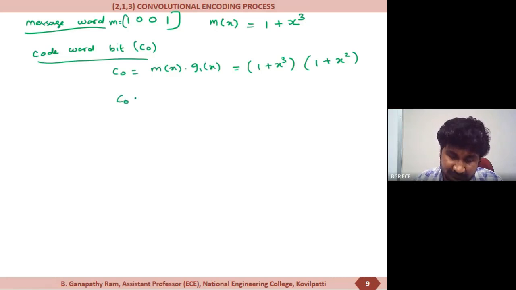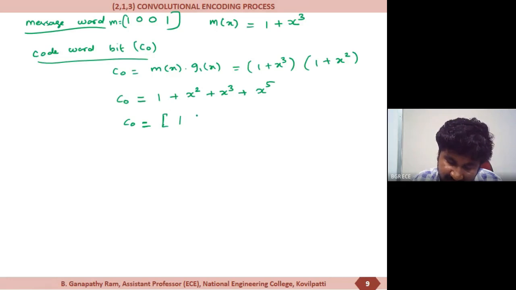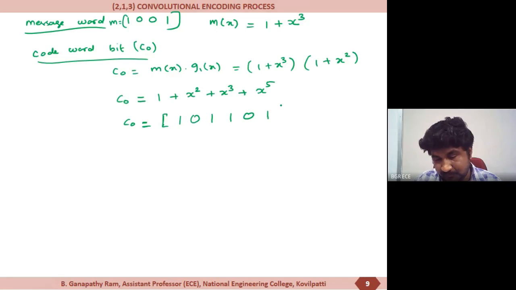So C0 will be equal to 1 plus x square plus x cube plus x to the power 5. So C0 will be serially output as 10101.